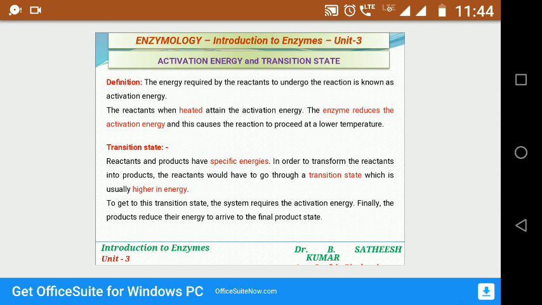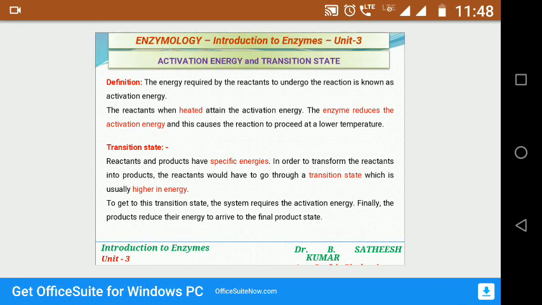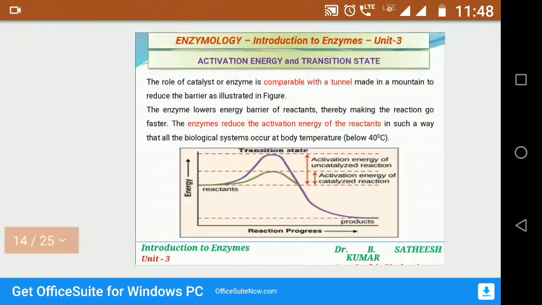Substrate is first converted into a transition state, and then it is converted to a product. The reactants and products have specific energies. In order to transform the reactants into products, the reactants have to go through a transition state, which is usually higher in energy. What does it mean?